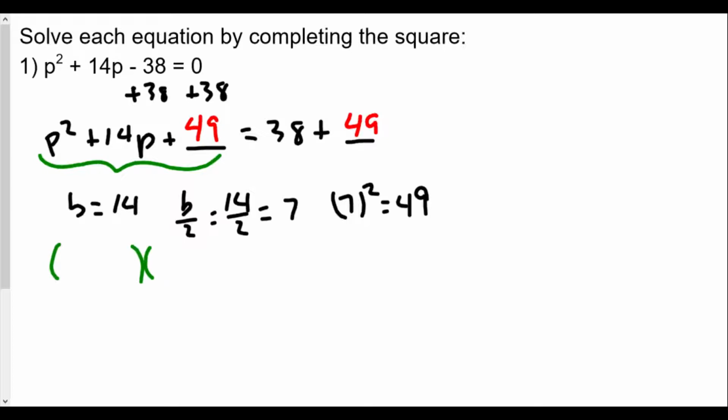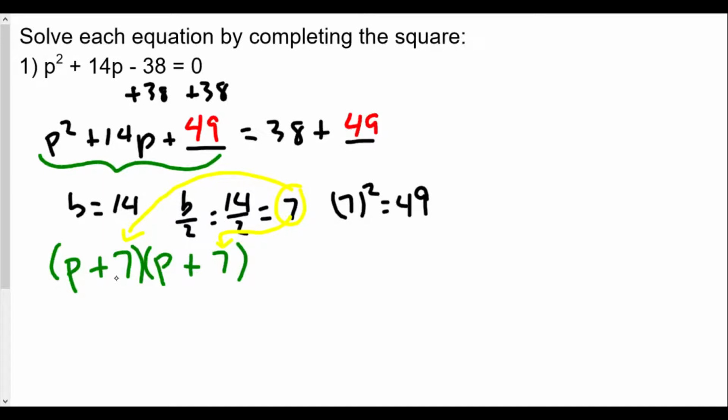when we factor, it's going to be p times p, because of p squared. The number we found, the b over 2, is the number that goes into the spaces on the right. It's positive 7, so it's plus 7 here.